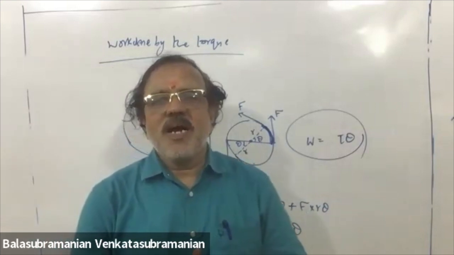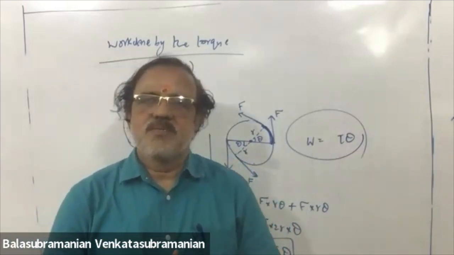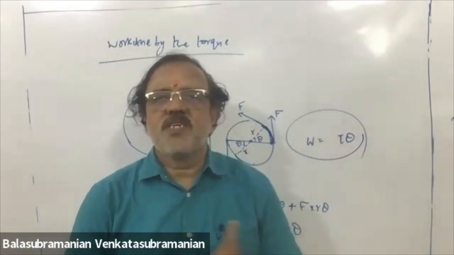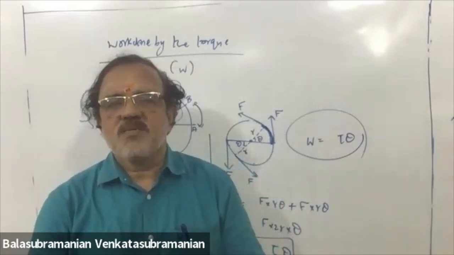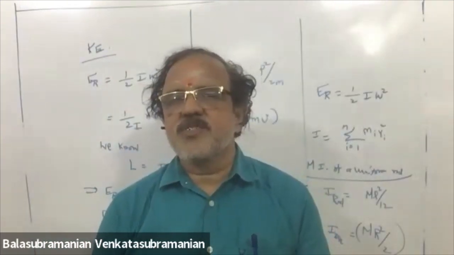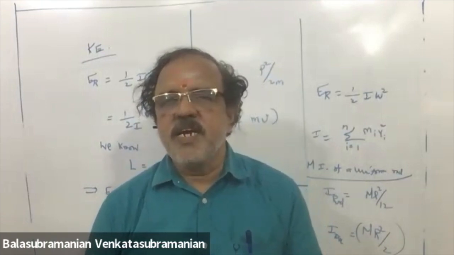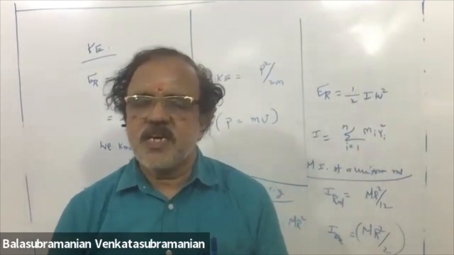Then angular momentum and conservation of angular momentum. And finally, we have seen work done by the torque. Okay, so these are the topics of rotational motion. In that, we have studied moment of inertia in detail. Thank you. We'll continue.